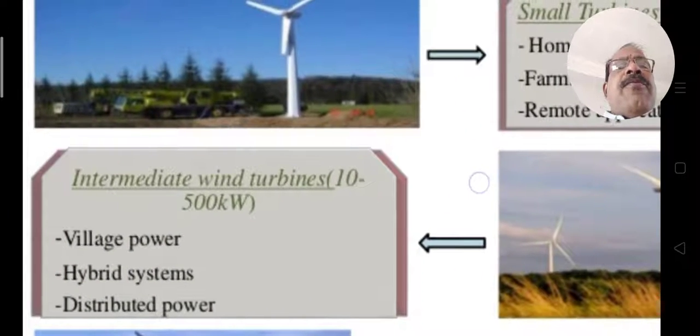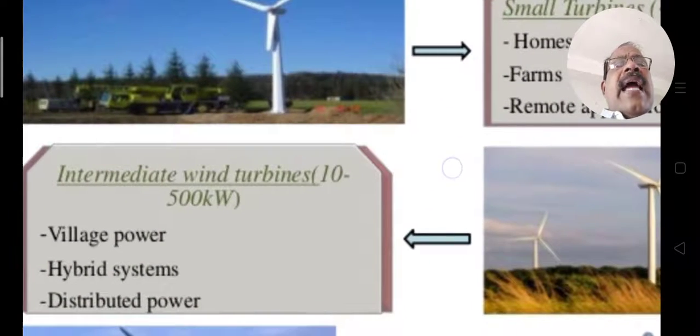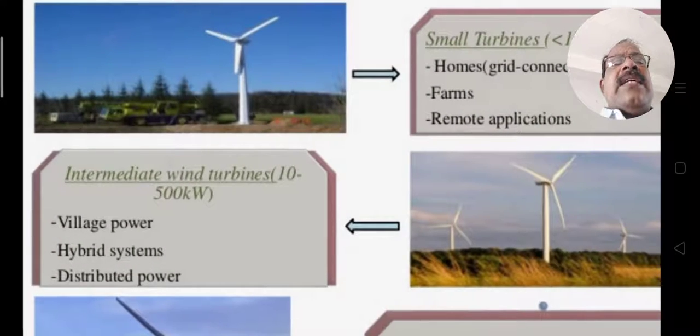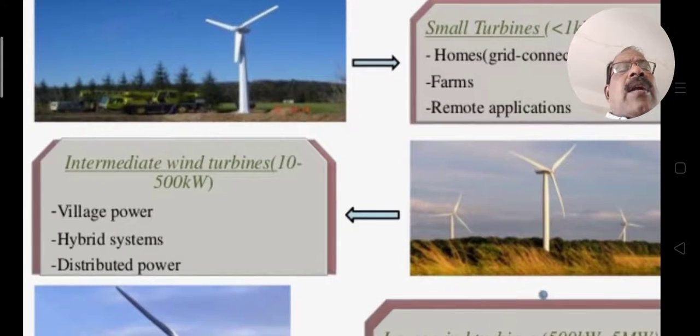And medium wind turbines, the intermediate wind turbines, generate 10 to 500 kilowatts. These windmills are used for village power. If you need electricity for one village, the intermediate wind turbines are used, in hybrid systems and distributed power.